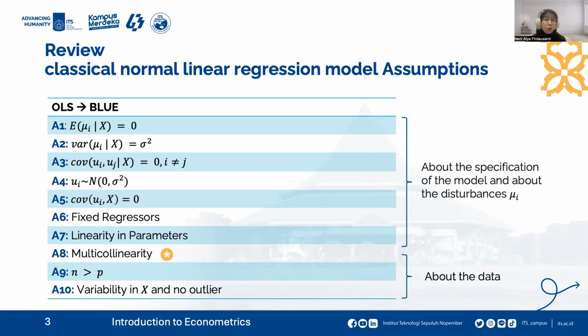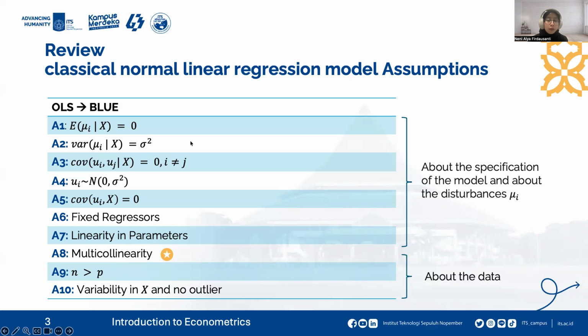From 1 to 7: the expectation of the error, the variance of X, the covariance of the error, whether the error is normally distributed, the covariance between the error and the regressors, fixed regressors, and linearity in parameters.